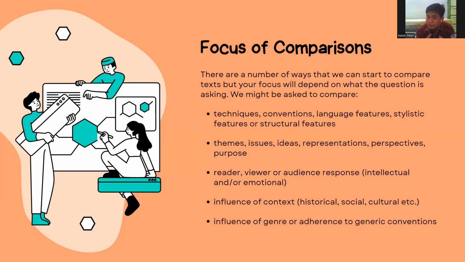There are also themes, issues, ideas, representations, perspective, and purpose. Also, there's reader, viewer, or audience response, which is intellectual or emotional. We have influence of context, which includes historical, social, cultural, and so on. And lastly, influence of genre or adherence to genre conventions.